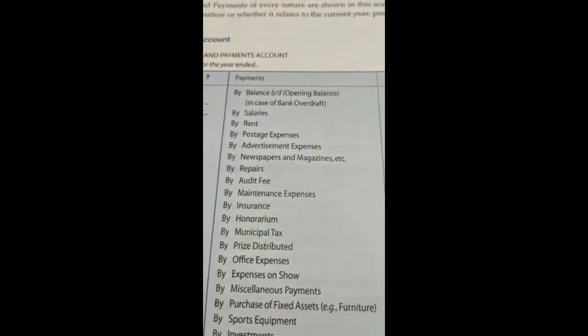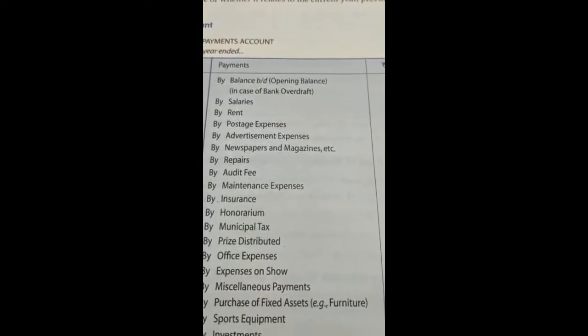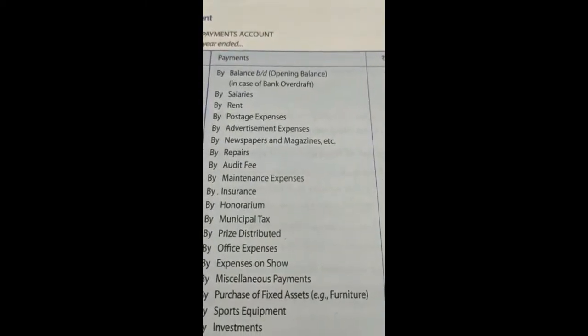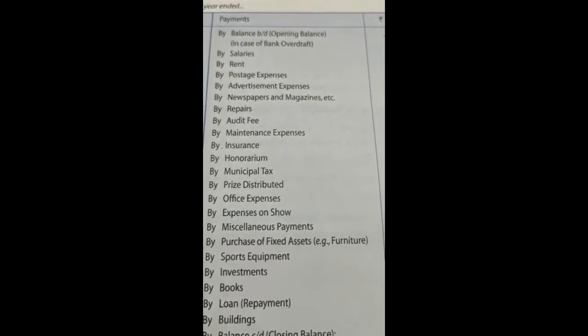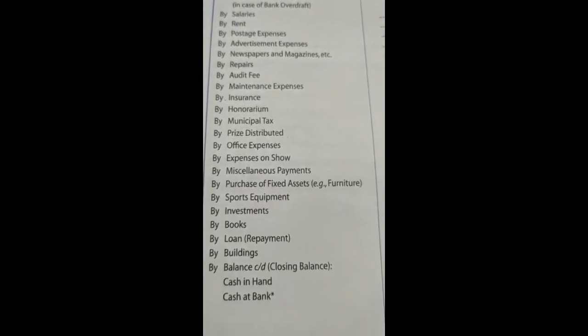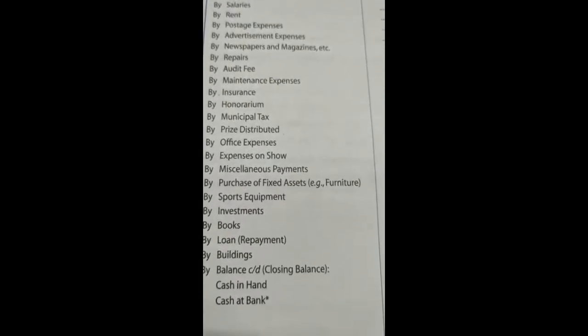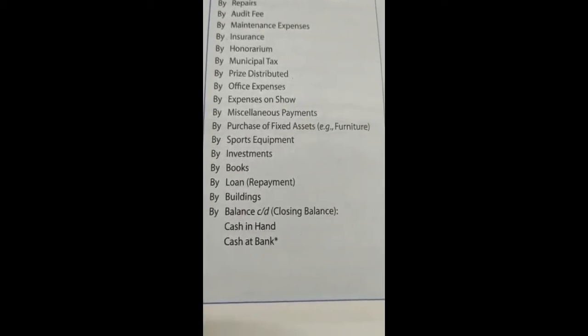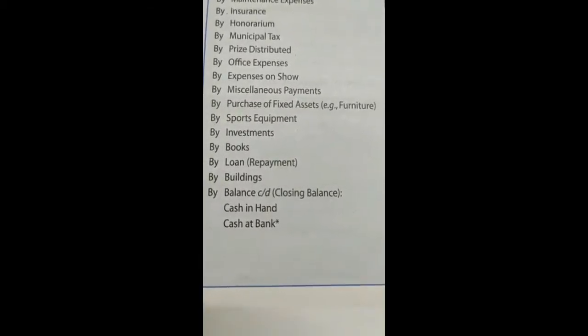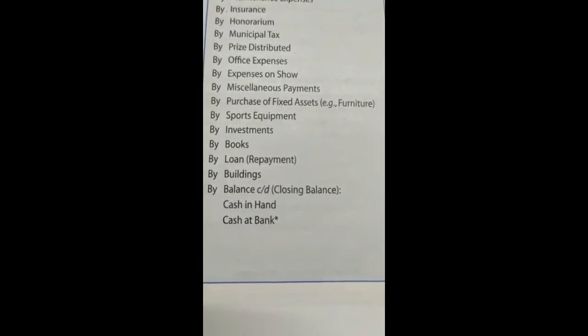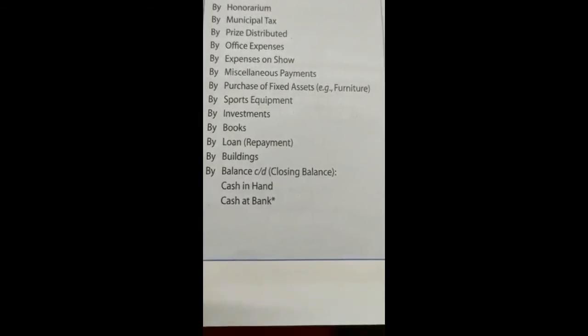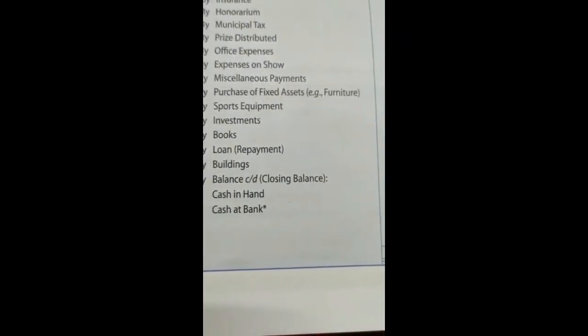And here we are having some payments. As I told, all payments are of expenses and other payments like other business the organization has. And at the end we will have balance c/d, that is closing balance. So closing balance of cash in hand and cash at bank, that we will have as a closing balance.